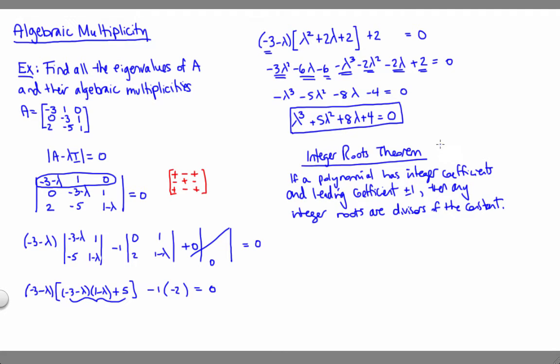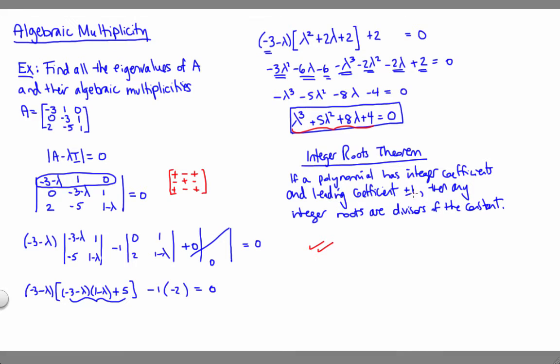Let's refer to what's called the integer roots theorem. It says if a polynomial has integer coefficients and leading coefficient equal to plus or minus 1, then any integer roots are divisors of the constant. So our polynomial here, yes, it has integer coefficients, and yep, the leading coefficient is either plus or minus 1.